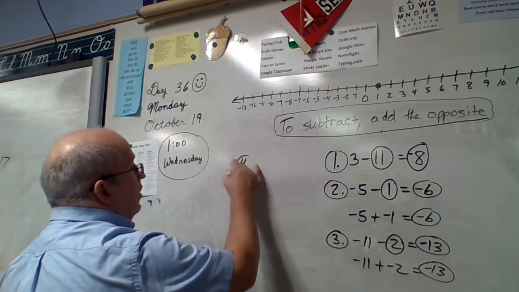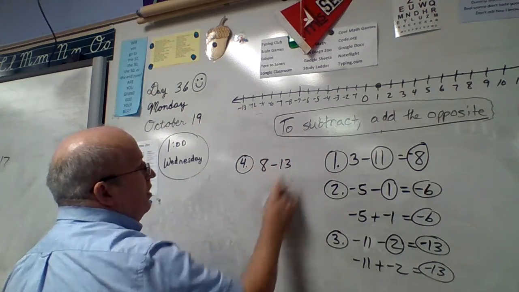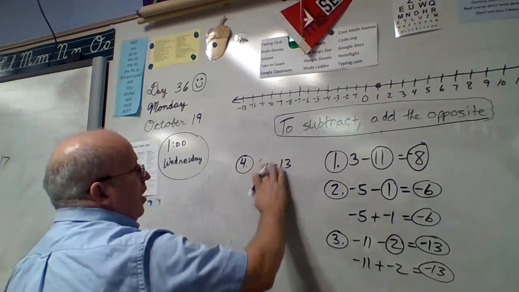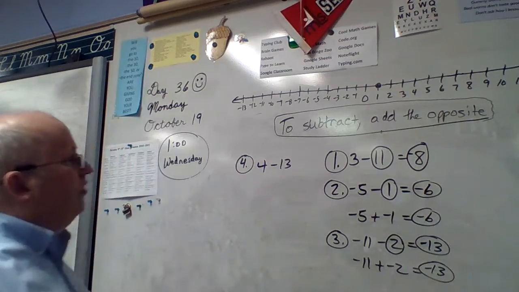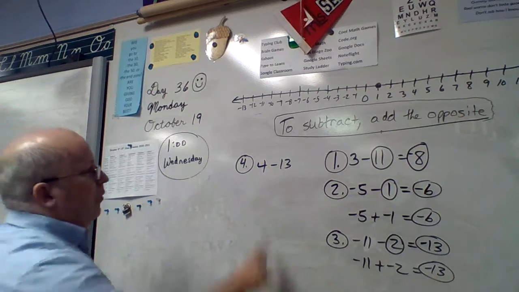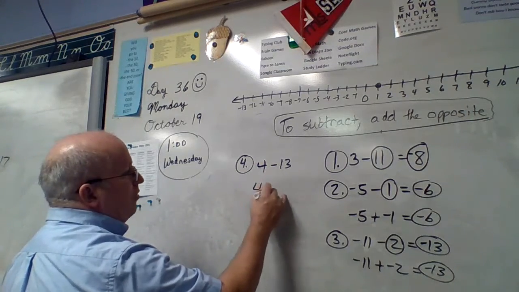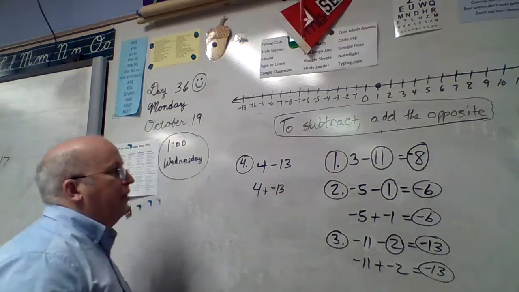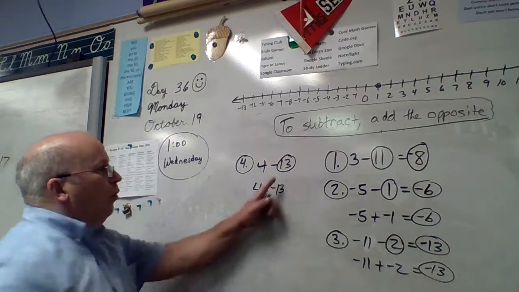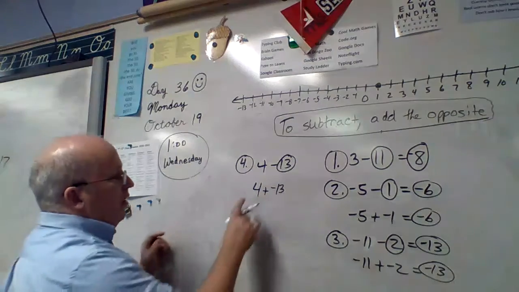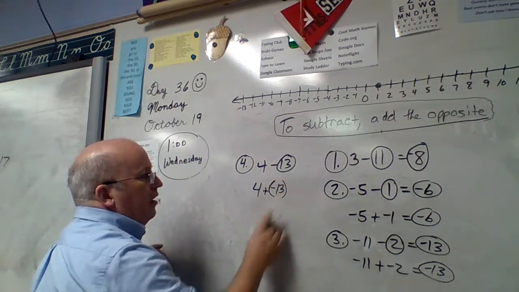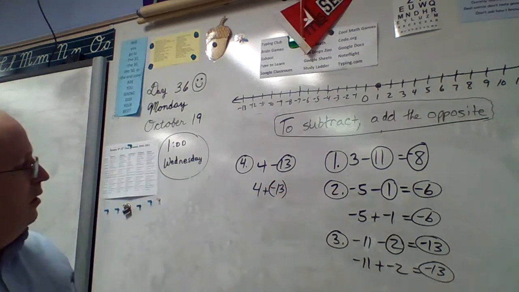Let's try something similar to number 4. Number 4 says 8 minus 13. I'm not going to do that. I'm going to do 4 minus 13. Very similar to it. Okay, how do I subtract? To subtract, I add the opposite of the second number. What's the opposite of 13? Negative 13. So I end up with 4 plus a negative 13. Now what do I do?